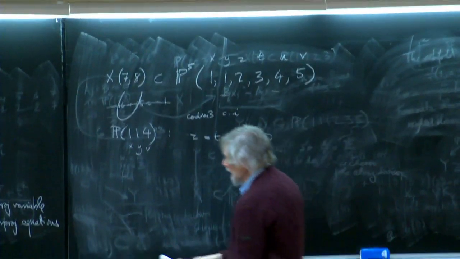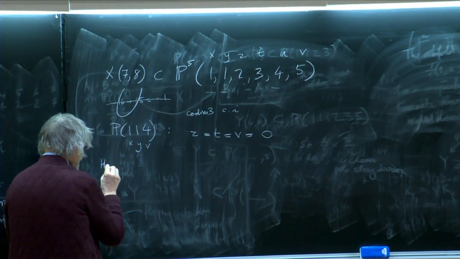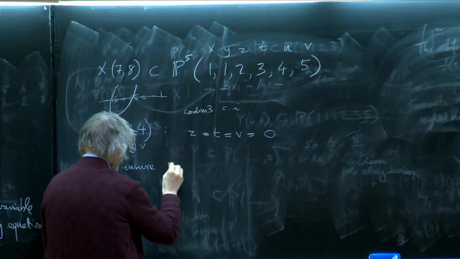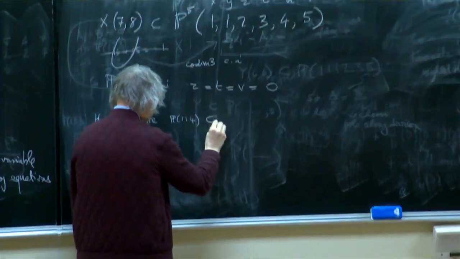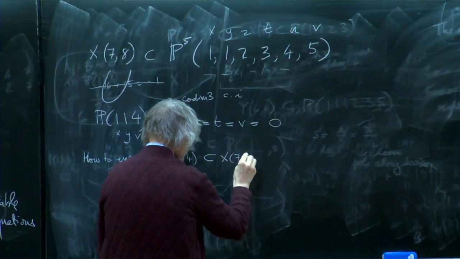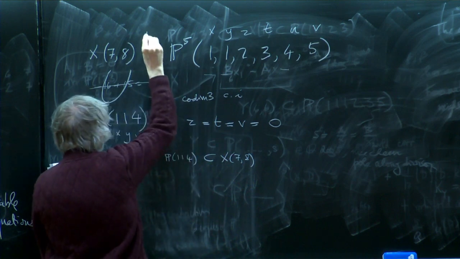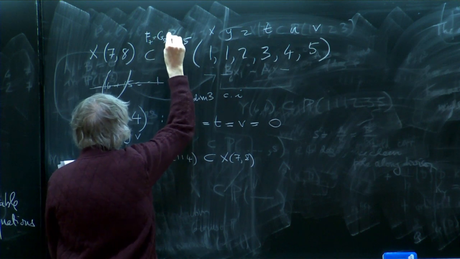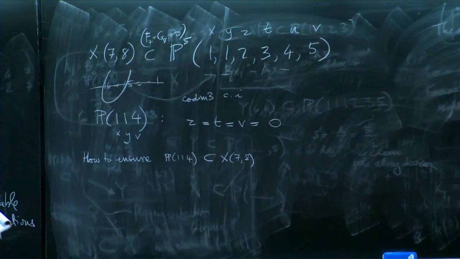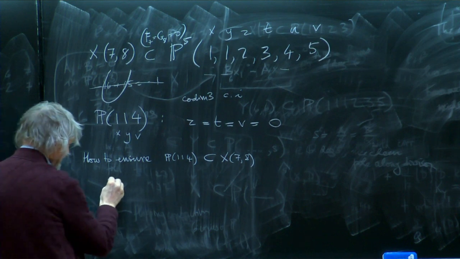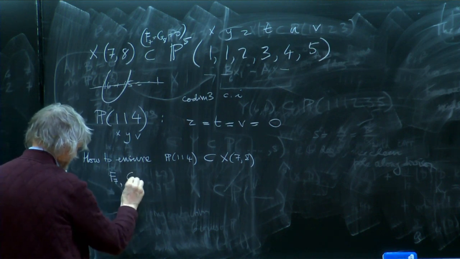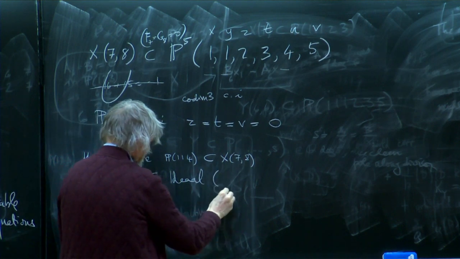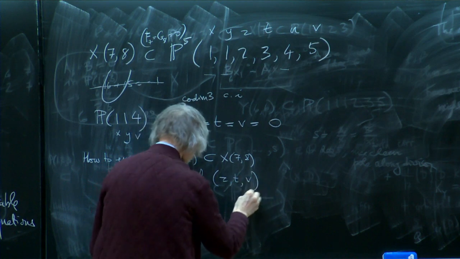Yes? So, question: how to ensure P114 is contained in X78? Let's call this F7 equals G8 equals 0. Obviously I want that F7 and G8 are in the ideal ZTV.